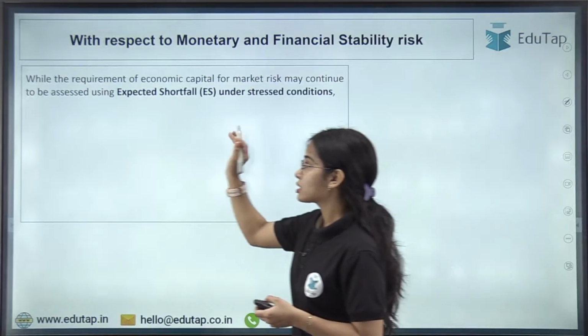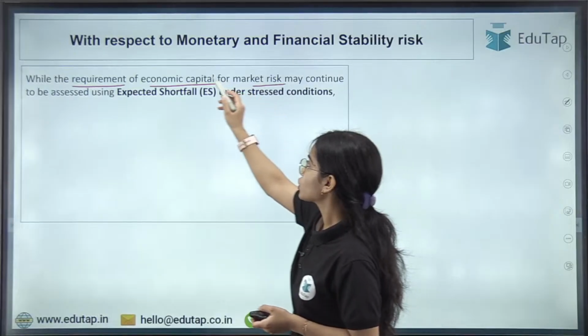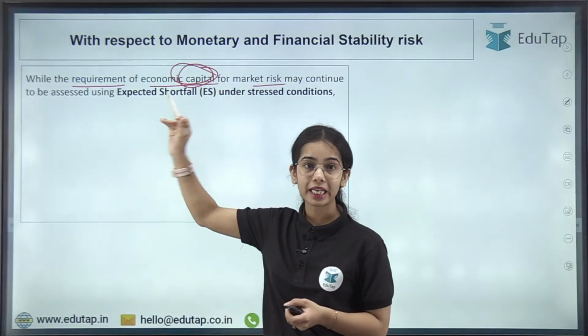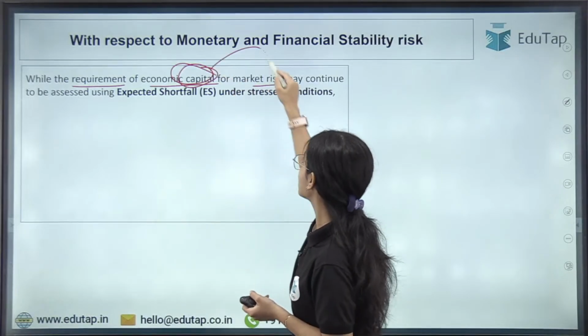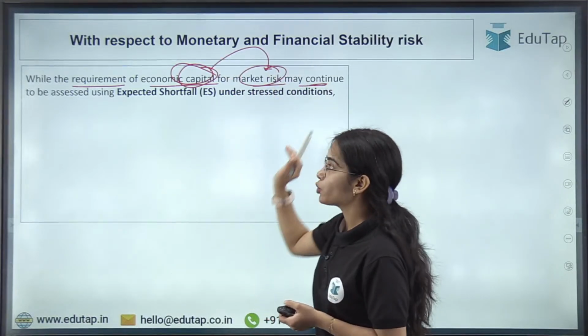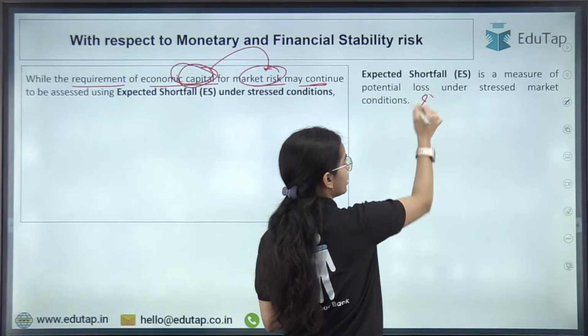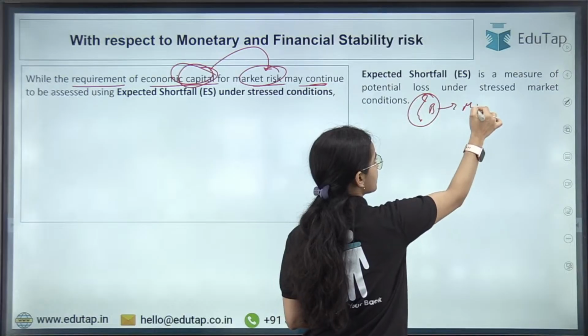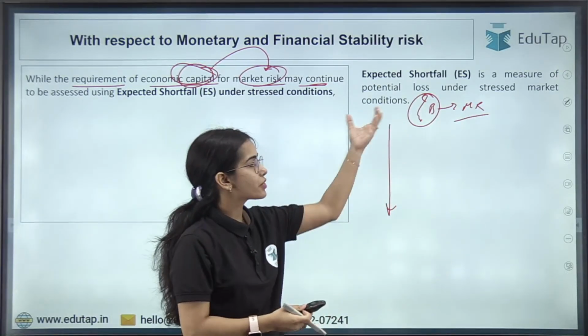Next, this is important, that while the requirement of the economic capital for market risk, so the capital has to be maintained. Buffer means what? The capital has to be maintained for the market risk. This may continue to be assessed, that how much buffers are required for the market risk, this will depend upon what is the potential loss under the stressed market condition.